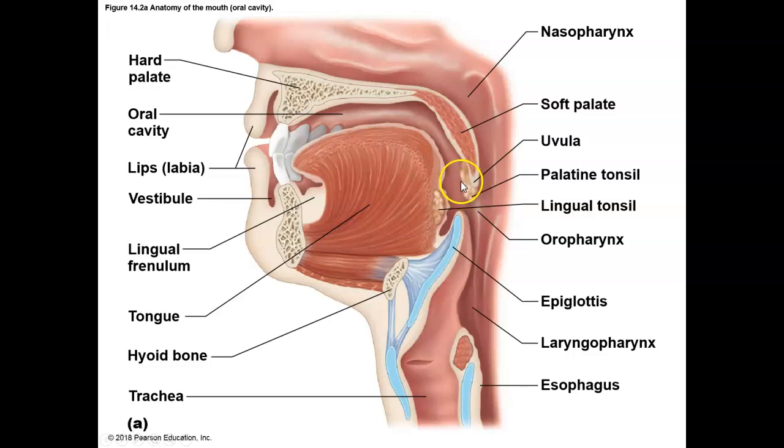And so you can see your tonsils here, you can see tonsils here. The tonsils are part of your lymphatic system, and so we have lymphocytes waiting in these lymphatic structures for any potential pathogens that are coming in, and they can start immediately waging a war against those pathogens.